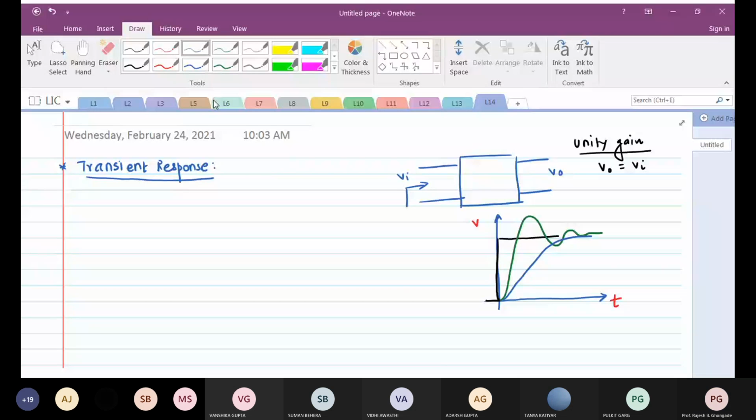Okay. And there is a third type of response which is just like this. Okay. So normally we call this the underdamped.